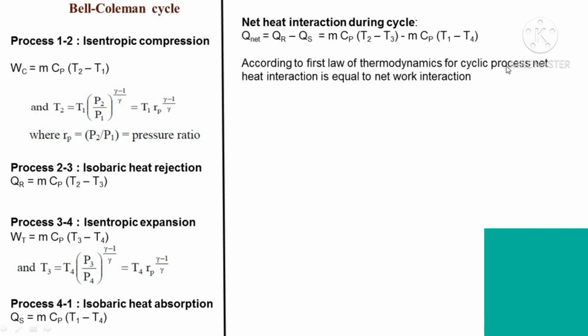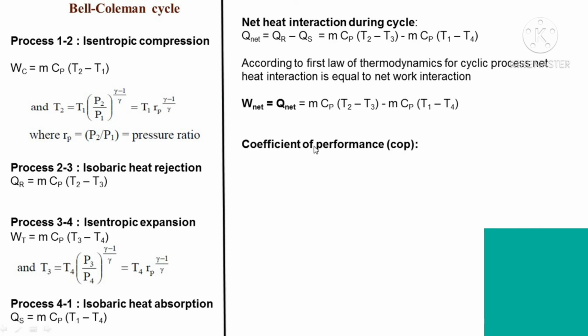According to first law of thermodynamics, for cyclic process, net heat interaction is equal to net work interaction. That is net work supplied W net equal to Q net, that is QR minus Qs.